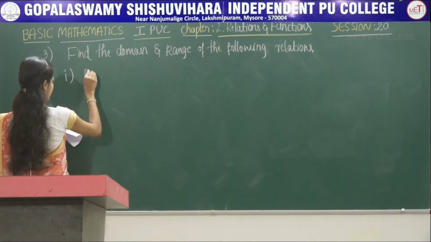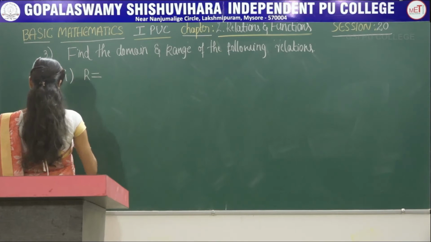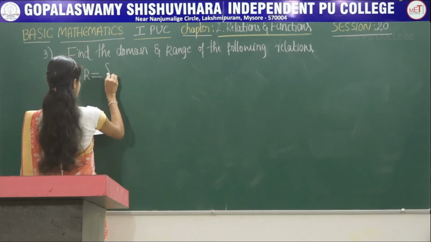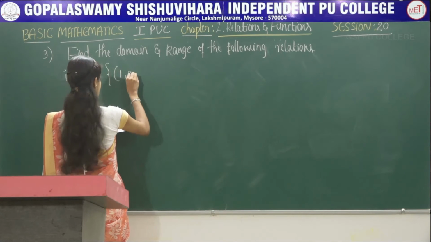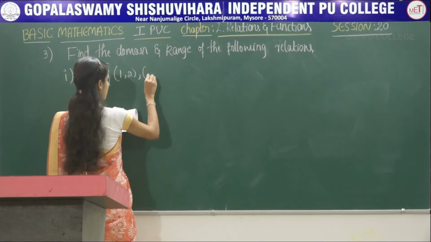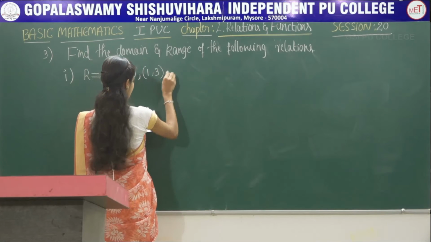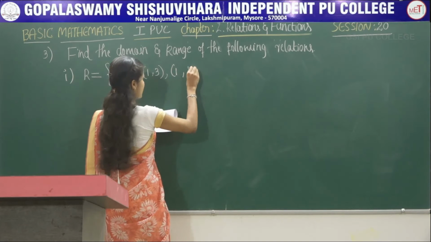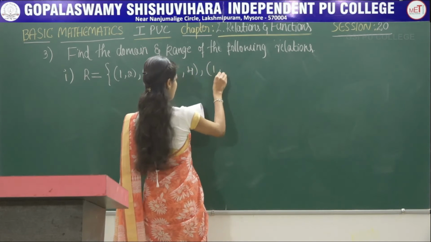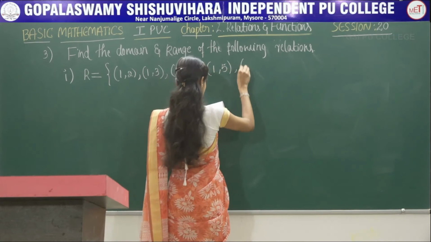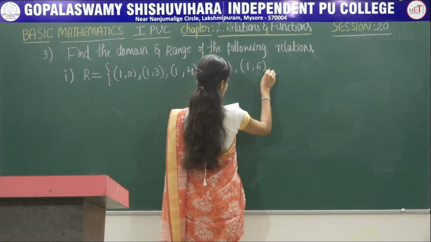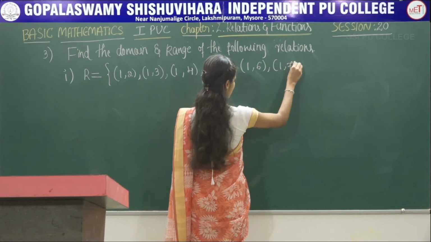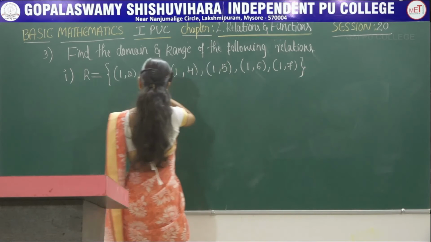Sub question, first one. R is equal to the set of all ordered pairs (1, 2), (1, 3), (1, 4), (1, 5), (1, 6), (1, 7).